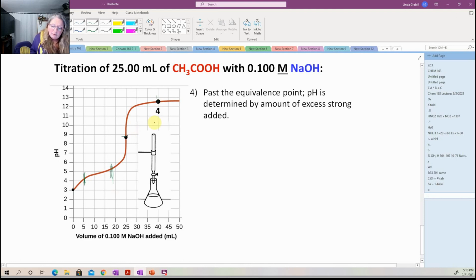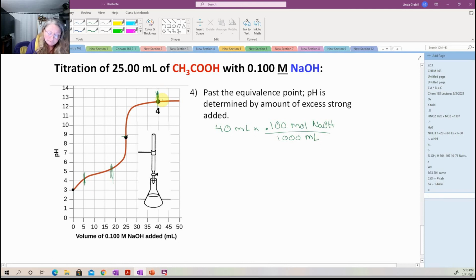So this one, if I wanted to know what my pH is, I would have to figure out, so I'd be like, okay, so at 40 milliliters times my 0.100 moles of NaOH, and those moles are in 1,000 milliliters. What's this going to get me? This is going to get me the amount of moles that I actually have had access to.